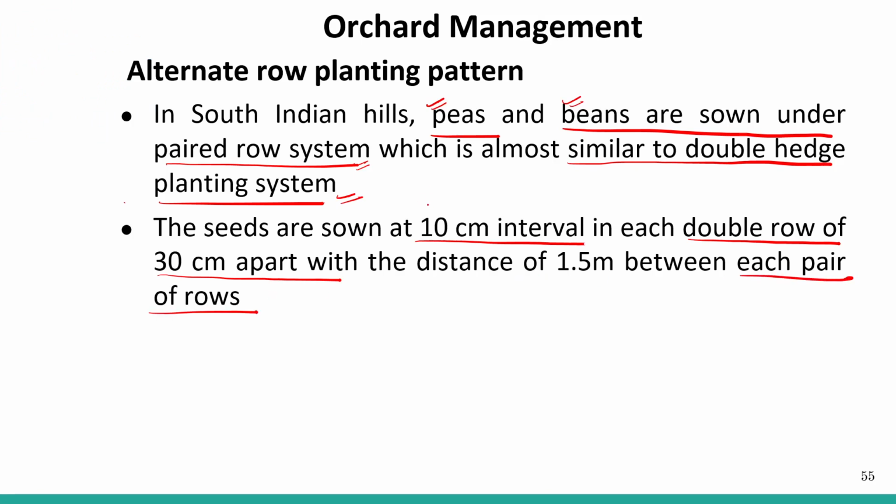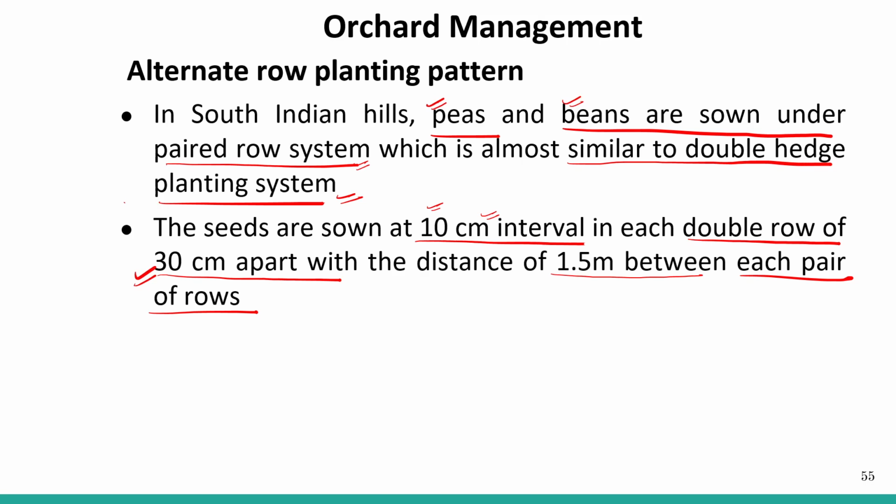So the seeds are sown with 10 centimeters between two seeds, and the two rows of a double row should be 30 centimeters apart, with 1.5 meters between each pair of rows. In this way we can have terrace farming in the South Indian hills.